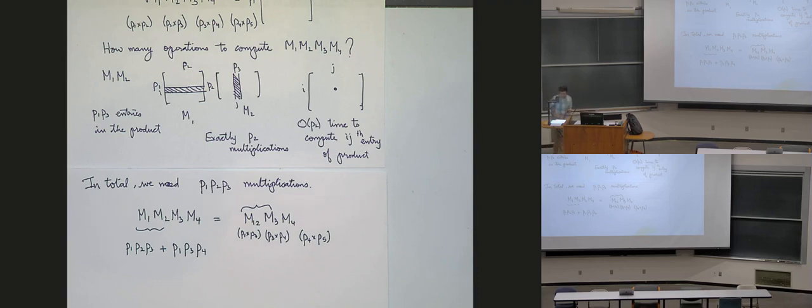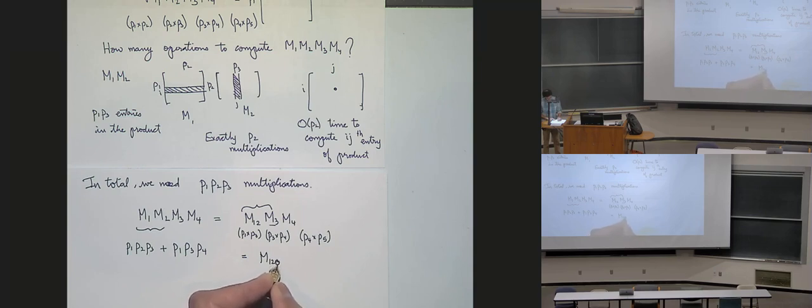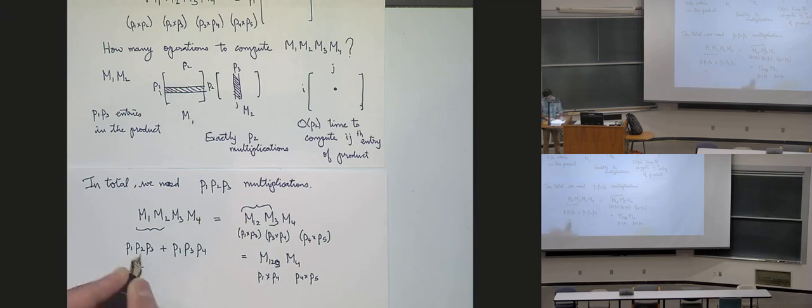Right? And so then that gives you this new matrix here, which I'll call M123 times M4. And so this is a P1 cross P4 matrix, and this is P4 cross P5. And to multiply this, you get P1, P4, P5. That's the number of operations.